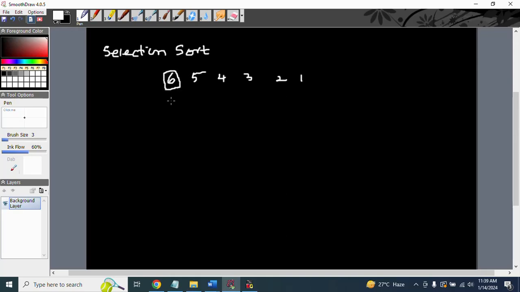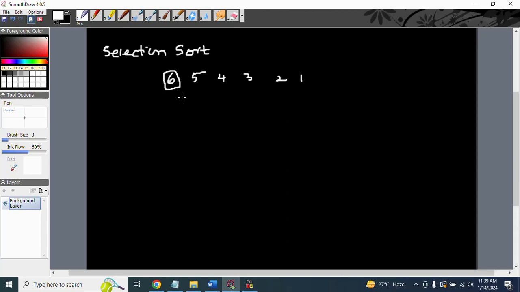In selection sort, I'll compare my first element with all other elements, and I'll try to swap if I find anything which is smaller than my first element, right? So I'll compare the first element with the second element, 1 with 2, 1 with 3, 1 with 4, 1 with 5, 1 with 6.